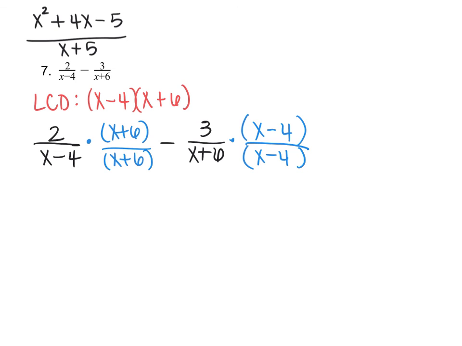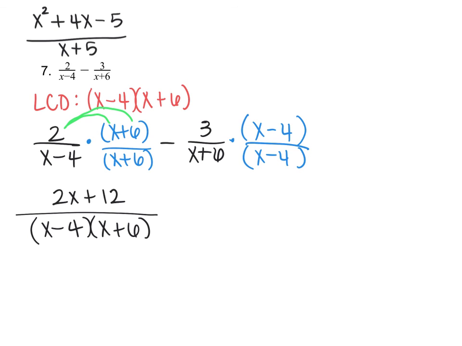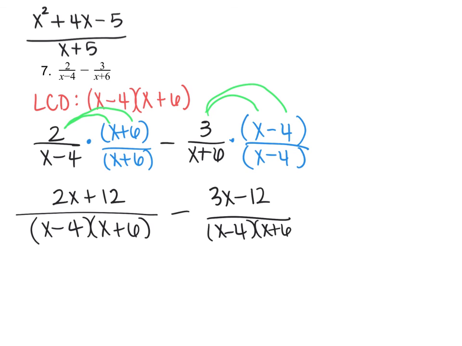Now what we need to do is distribute into each of those parentheses in the numerator. So 2 times x and 2 times 6 is going to give us 2x plus 12 over x minus 4, x plus 6, and minus, then we're going to do 3 times x and 3 times -4, and we're going to get 3x minus 12 over x minus 4, x plus 6.